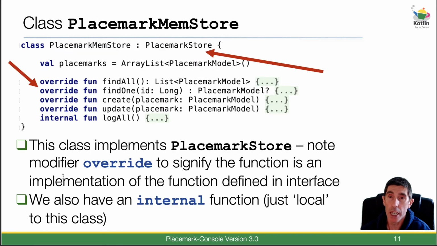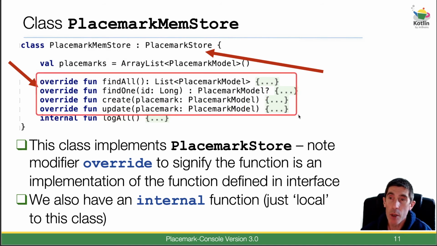Okay, so we're moving on to the next slide. We have our class placemark mem store, which is implementing our placemark store interface. Here we see our functions, and again notice the override keyword.